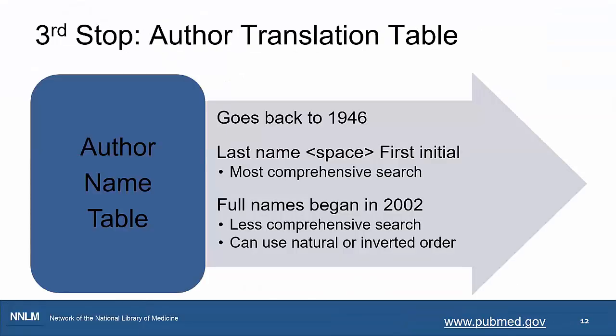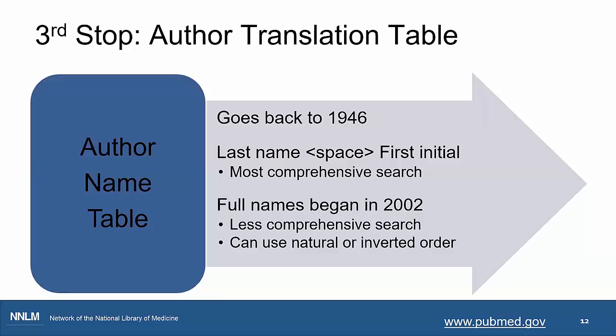We're going to move on to our last stop, which is the author translation table. I have a question for all of you. How many of you have tried to find all of the citations by a particular author in PubMed before? Seeing lots of thumbs up.